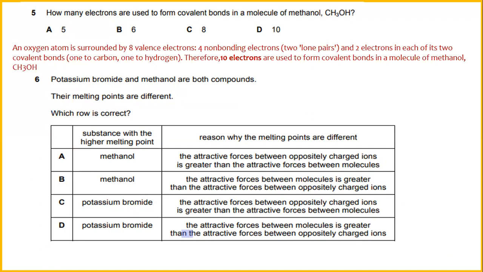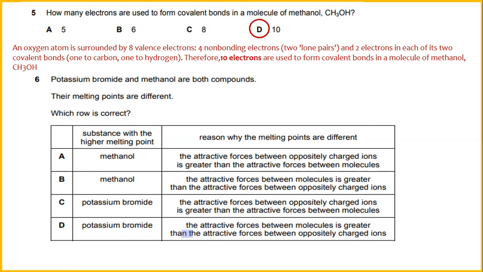That means 2 lone pairs, and 2 electrons in each of its 2 covalent bonds, 1 to carbon and 1 to hydrogen. Therefore, 10 electrons are used to form covalent bonds in a molecule of methanol, CH3OH. The answer will be D.